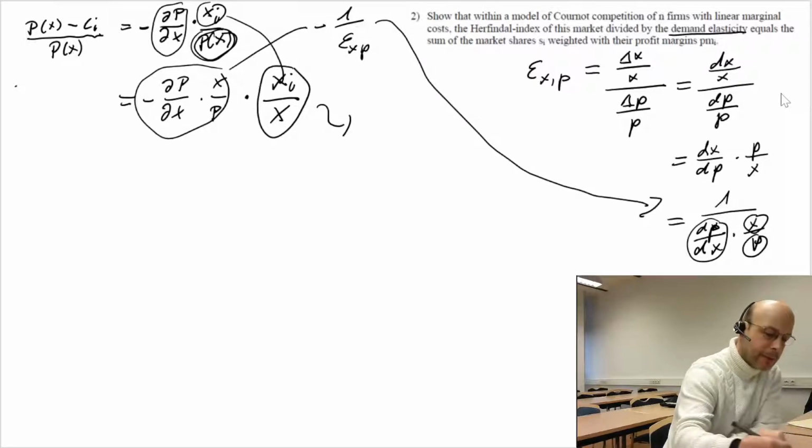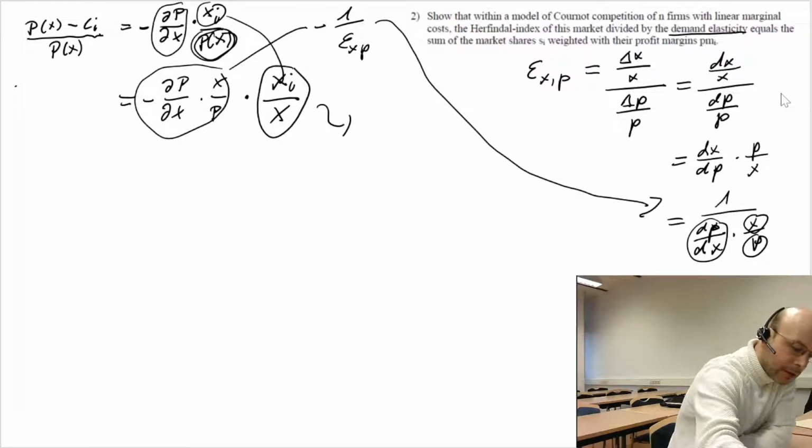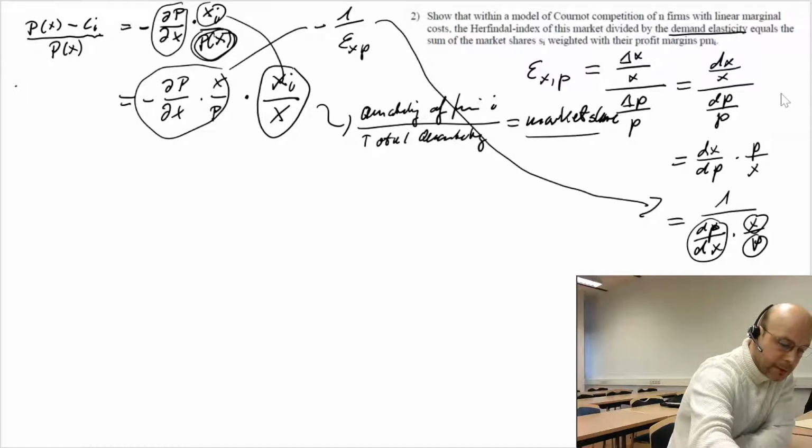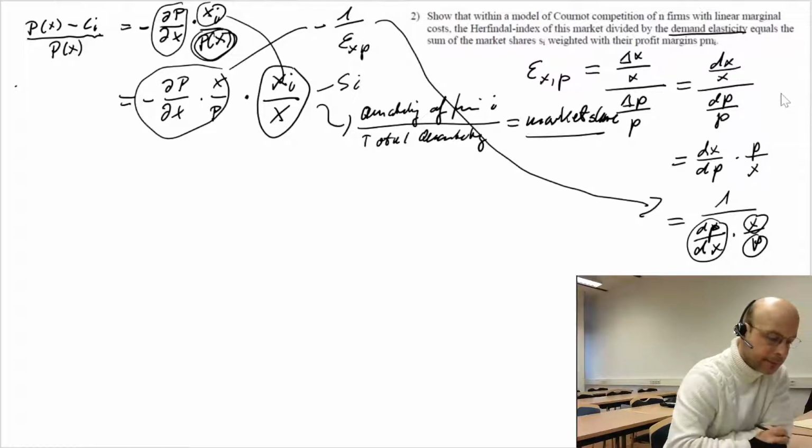So this quantity of firm i over total quantity, this of course is the market share, and this we called Si.